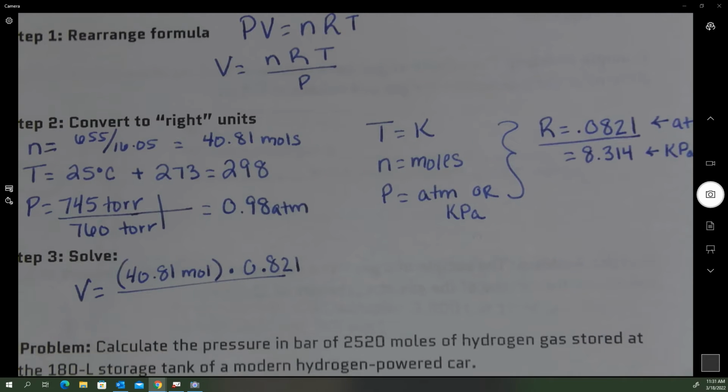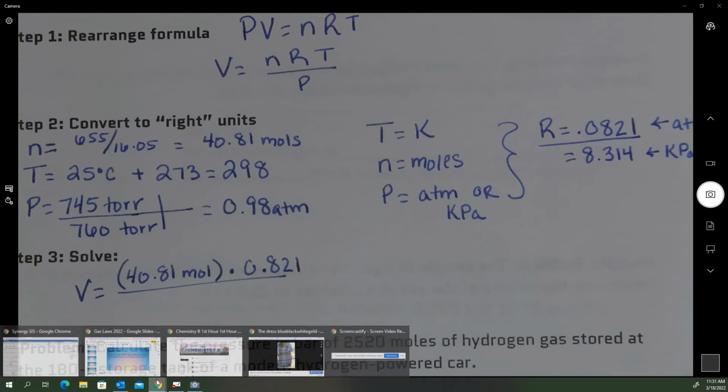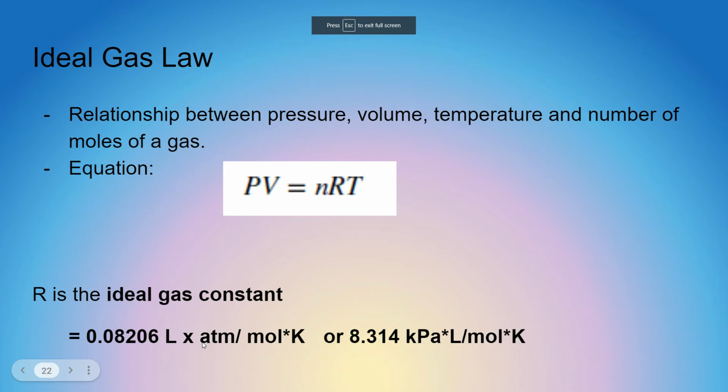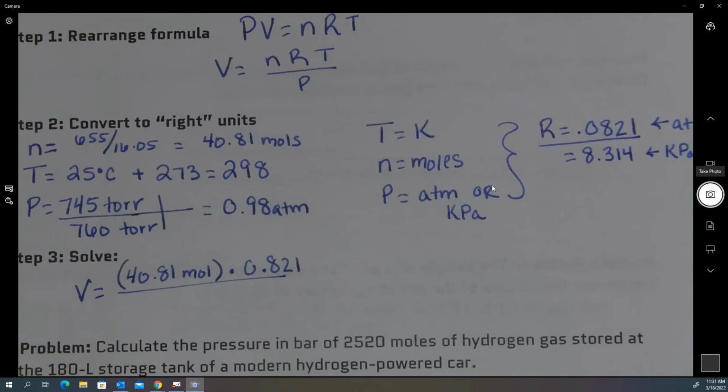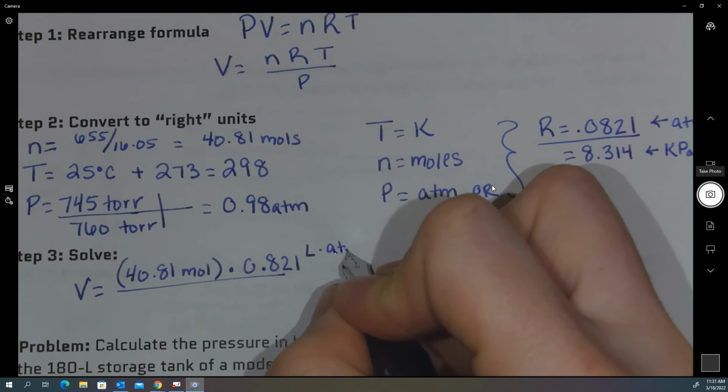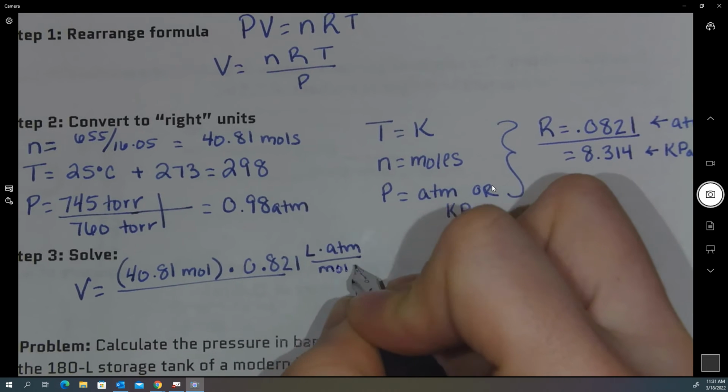I'm going to go back to my other screen just for a second to show you the units for R. R is going to be liters times ATM over mole times Kelvin.